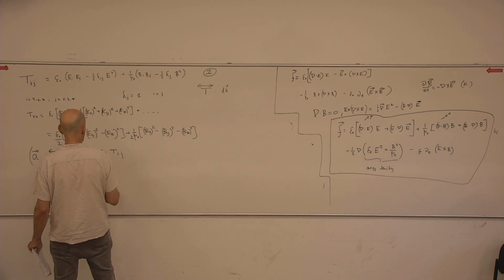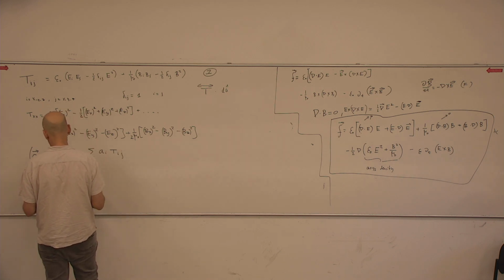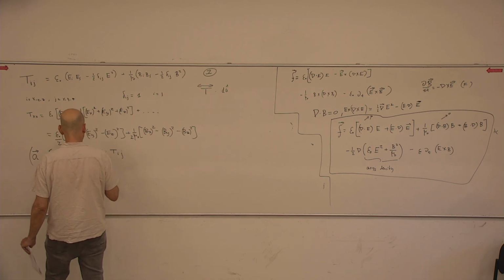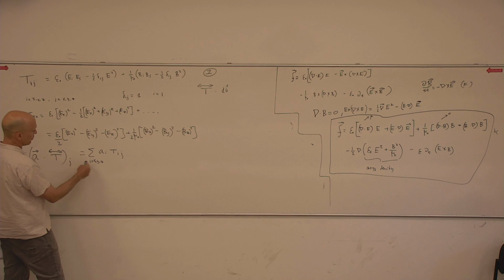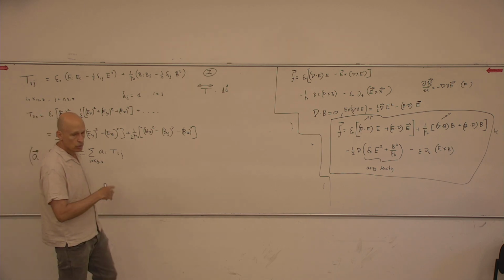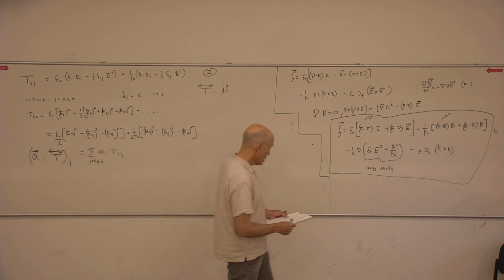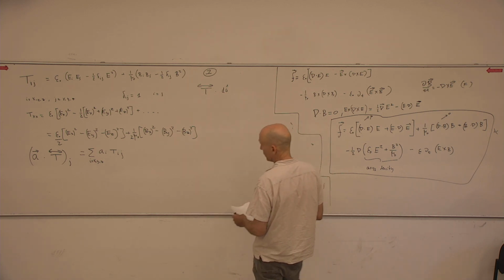We still need to understand what Tij is. Don't worry, I'll try to explain it briefly later. So this is the sum, and if j is x, then you have one sum. If j is y, you have a different sum, et cetera. So there are three components of these guys. So these are the definitions.